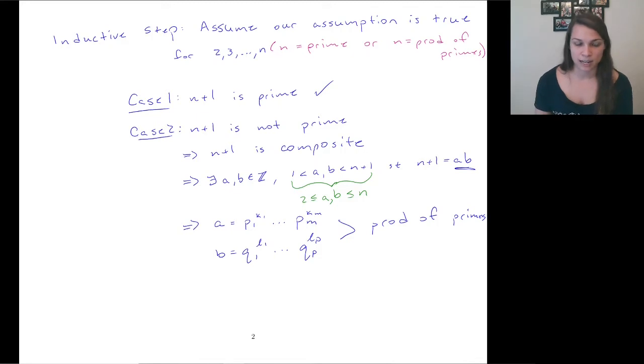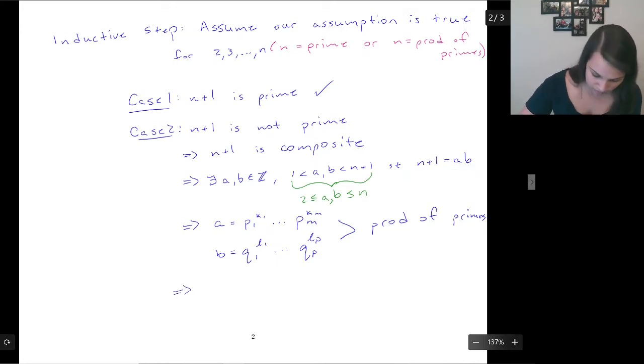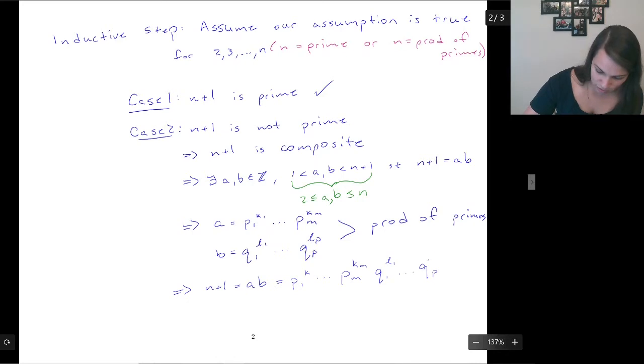So now let's write out what a times b is going to be equal to, that way we can get back to n plus 1. Then n plus 1, which is equal to a times b, is really just going to be p1 to the k1 all the way up to pm to the km times q1 to the l1 up to qp to the lp.